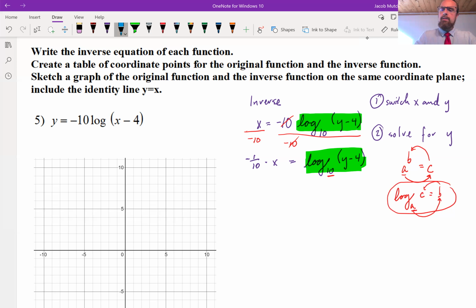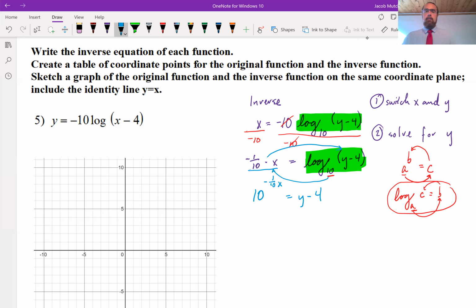We'll write this logarithm as an exponential. So it's 10 to the power of whatever's on the other side, that's -1/10 times x. So 10 to the power of -1/10 x equals the argument y minus 4.